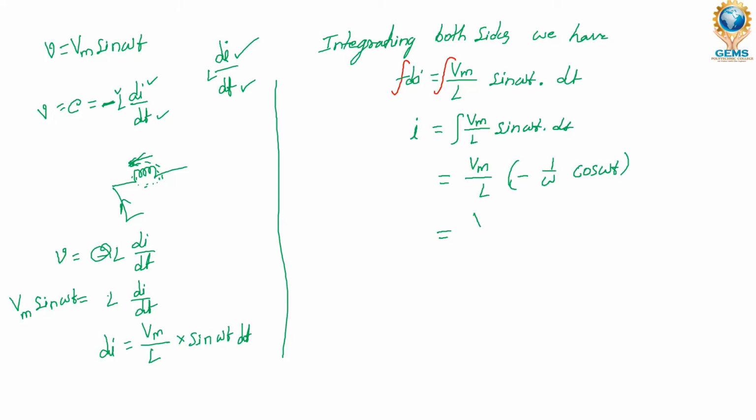This will come Vm by omega L into minus cos omega t. This is the value. Here we'll take this minus value out, Vm by omega L into cos omega t.